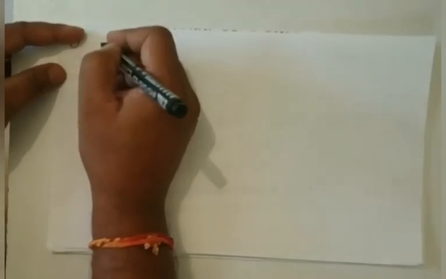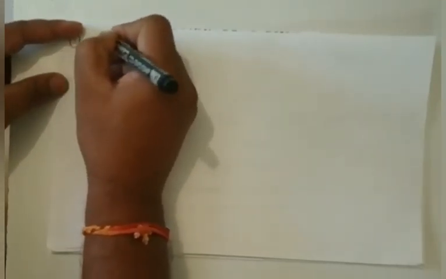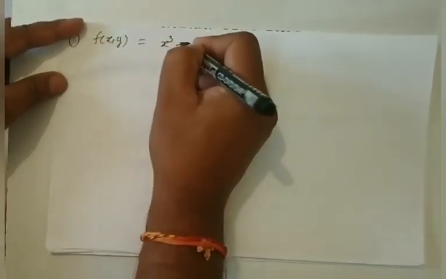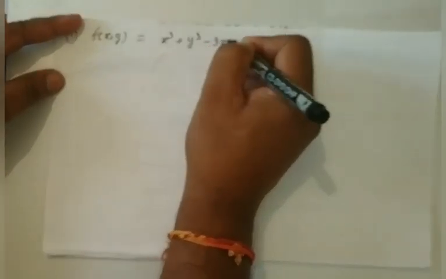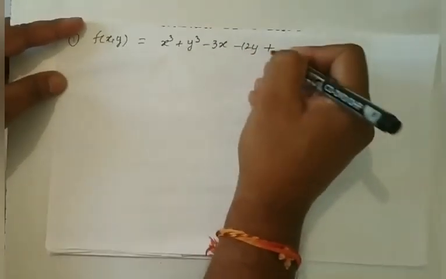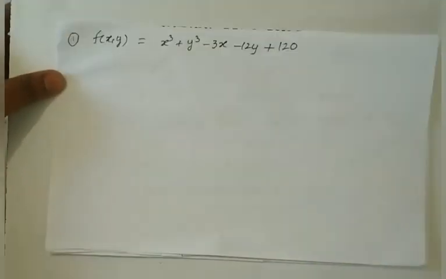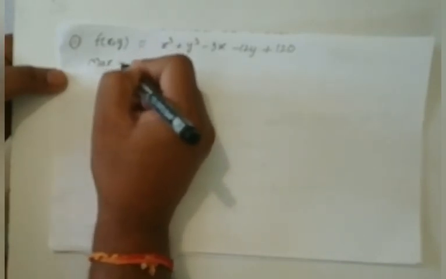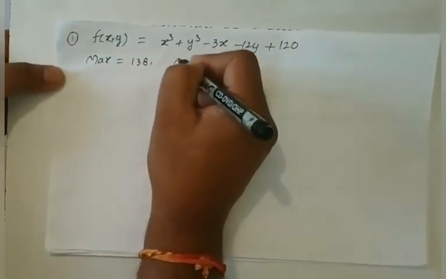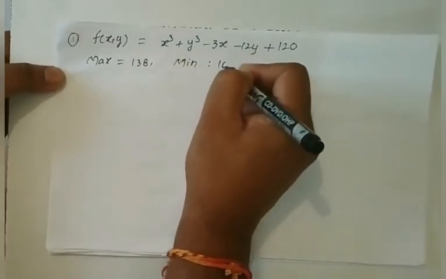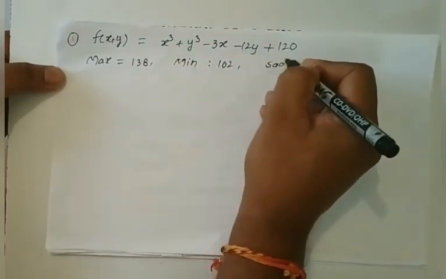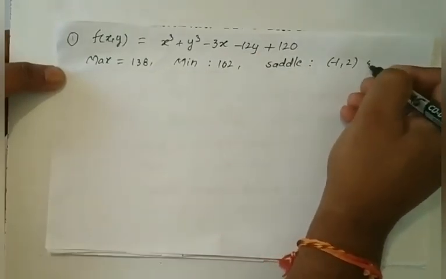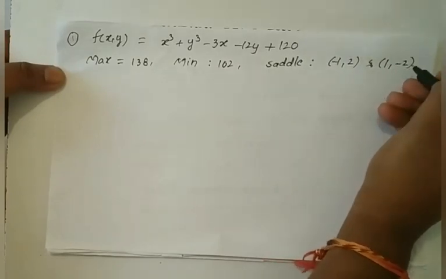First one, I will give you the answer also. f of x, y is equal to x cube plus y cube minus 3x minus 12y plus 120. Maximum is 138, minimum is 102, saddle points are minus 1 comma 2 and 1 comma minus 2.